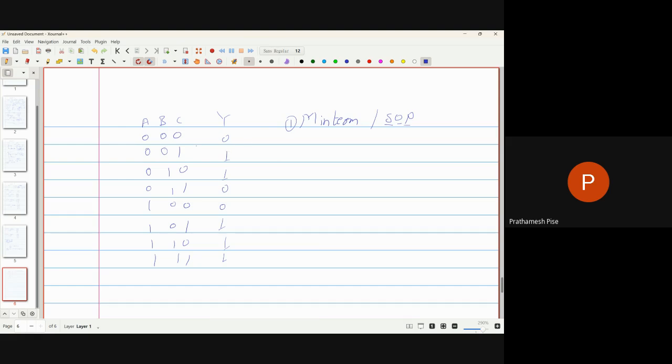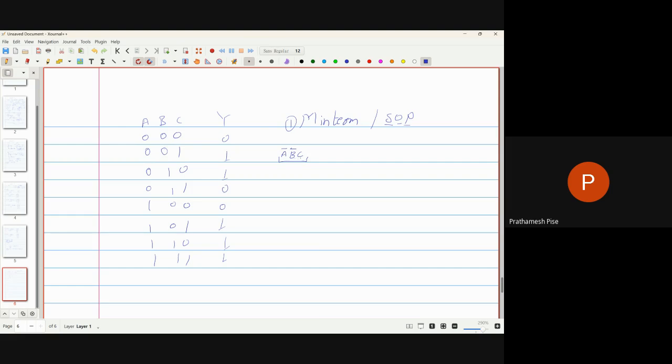We know when C is 1 and A, B are 0, the output should be 1. So basically when A is 0, we'll take the complement of A, and B is 0, the complement of B, and C is 1, so we won't take complement. This term will be high only in this one case, and it will never be high otherwise.